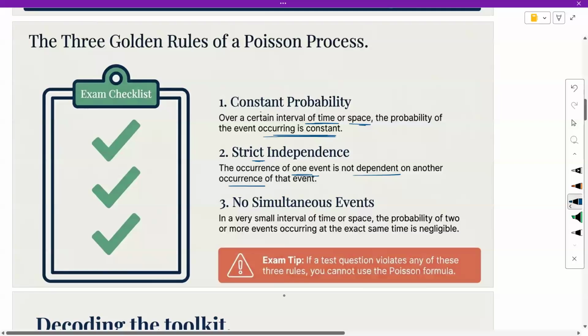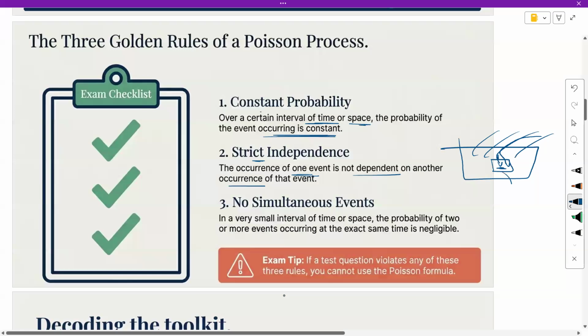So independent. No simultaneous event. In a very small interval of time or space, the probability of two or more events occurring at the exact same time is negligible. For example, a telephone switchboard receives calls. Here we assume that when the officer deals with one call, sometimes there's a chance of getting another call at the same time.